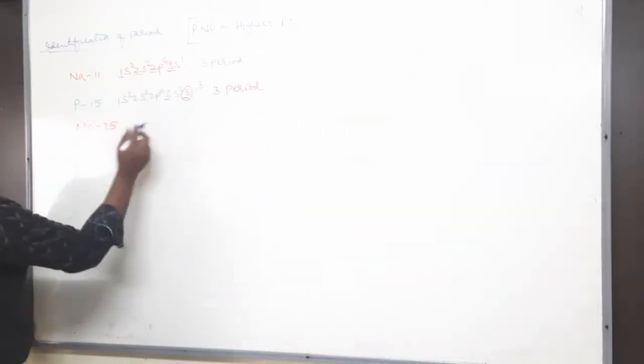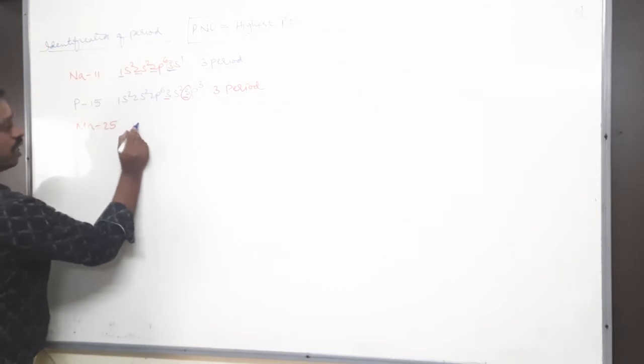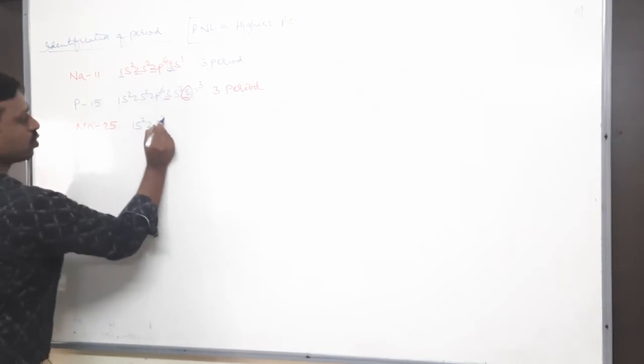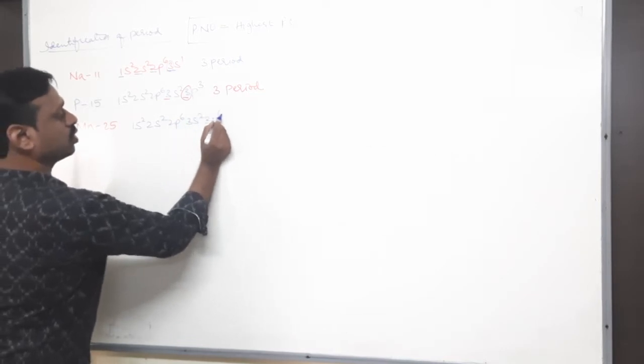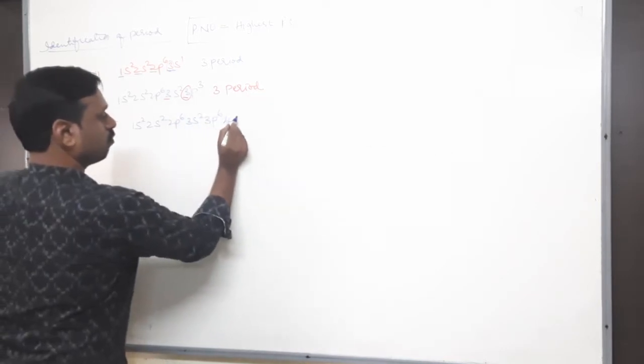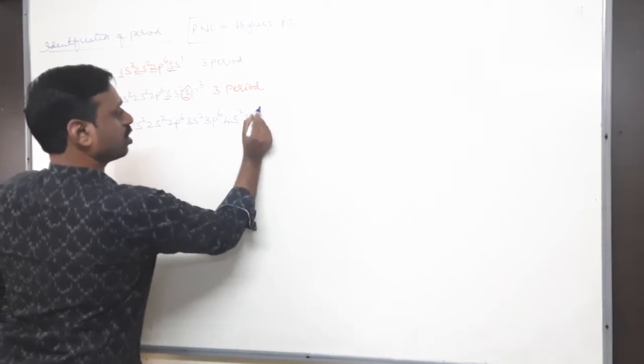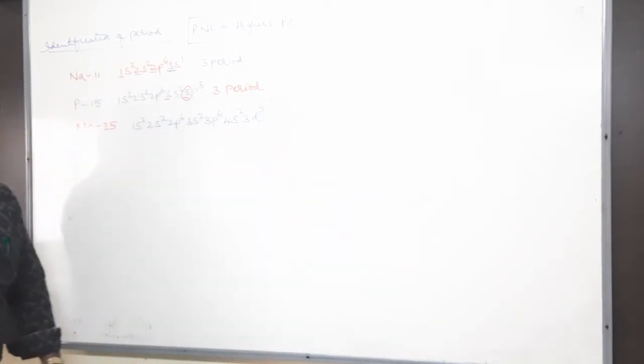It is 1s2, 2s2, 2p6, 3s2, 3p6, 4s2, 3d5.